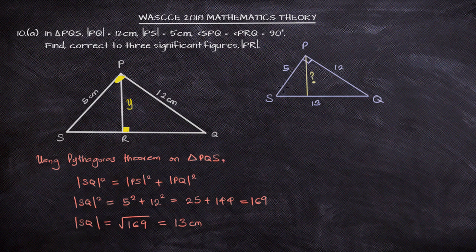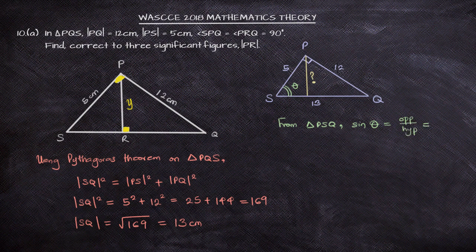Now, if I take this angle at point S and call it theta, now from the triangle PSQ, we can evaluate that the trig ratio sine theta is equal to opposite over hypotenuse.